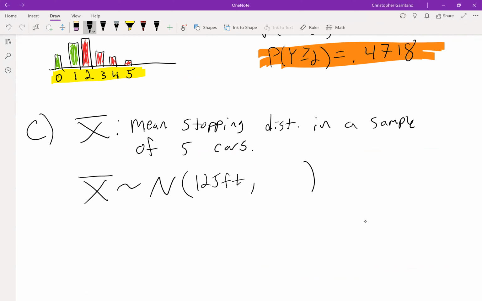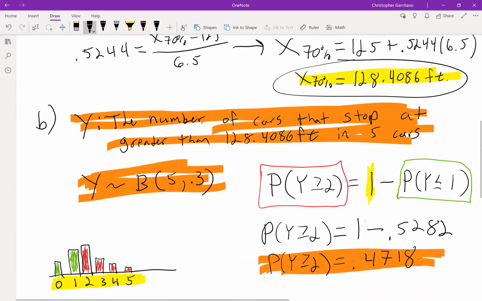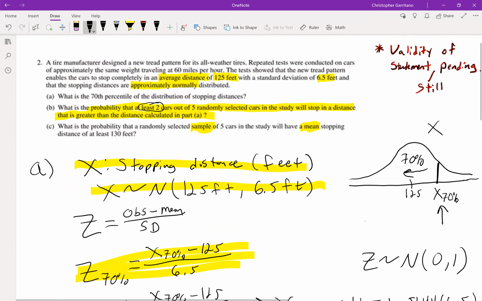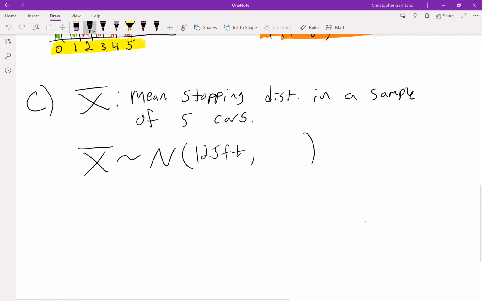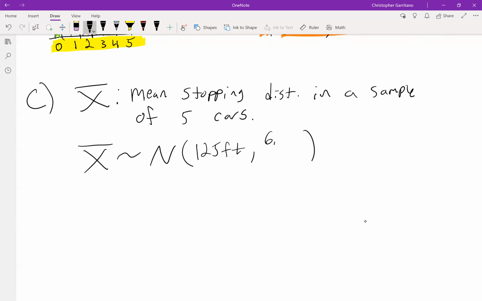And the standard error of the sampling distribution will equal the population standard deviation divided by radical n. So that would be 6.5 divided by radical 5.